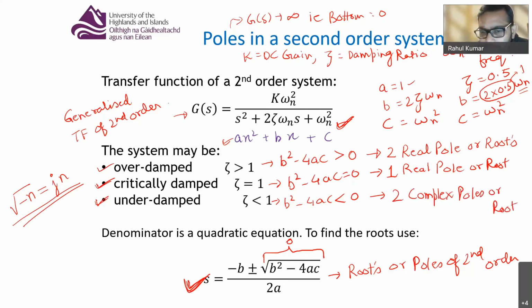A complex number is real plus imaginary, right? So depending on the value of poles for a second order system, we can determine whether my system will be overdamped, critically damped, or underdamped.